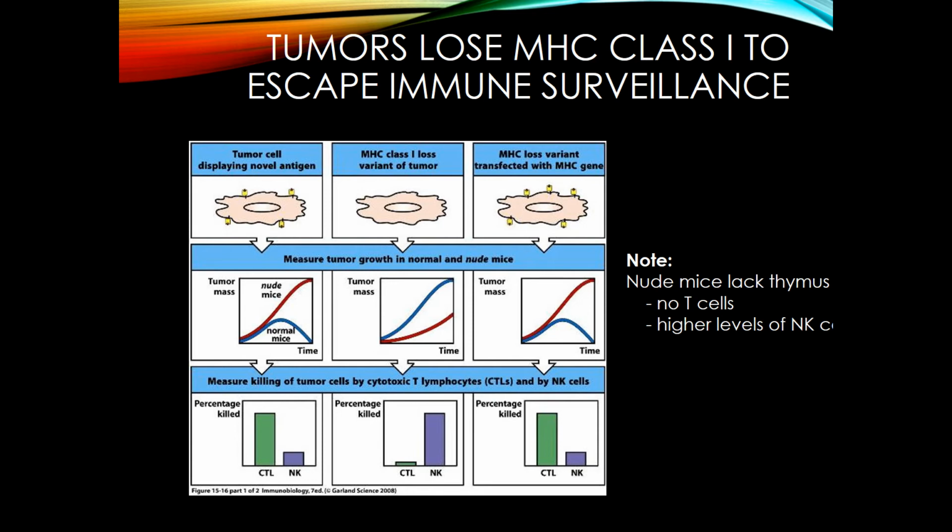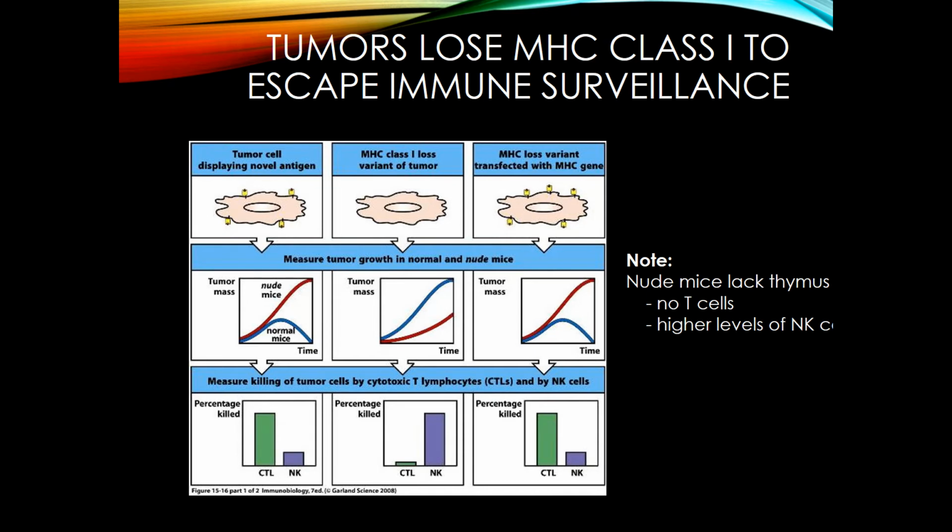Okay, so basically this is a series of studies that were done to examine this. On the far left, you see a tumor cell displaying a novel antigen, and you inoculate these into normal mice or nude mice. Now, nude mice have no T cells. They lack a thymus.